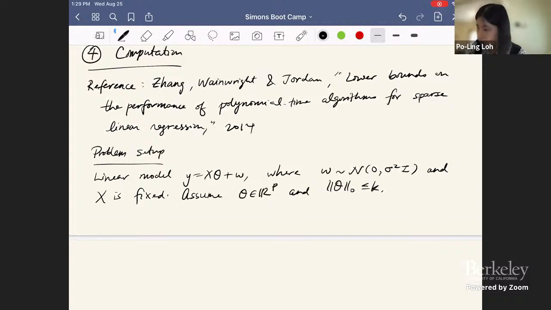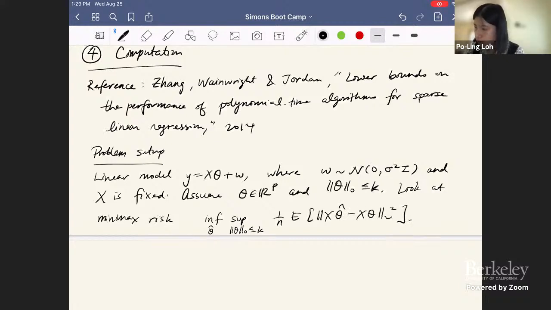Okay, so we are looking at the minimax risk in the prediction error: infimum over theta hat, supremum over all sparse vectors, of 1 over n times the expectation of the squared 2-norm of x theta hat minus x theta.